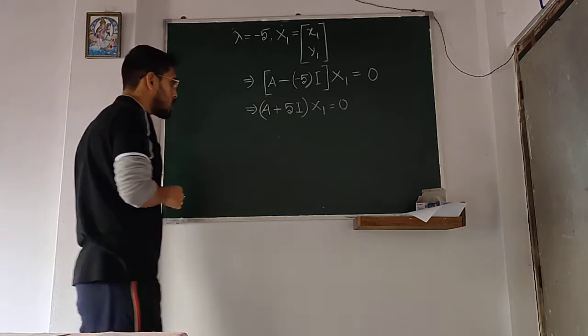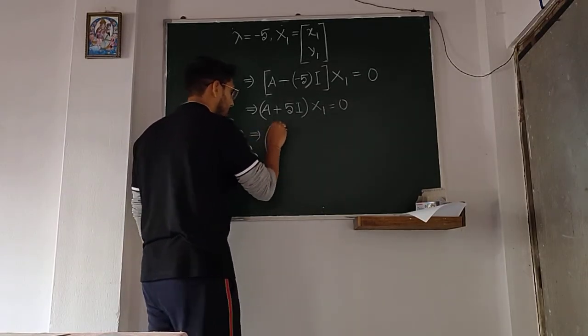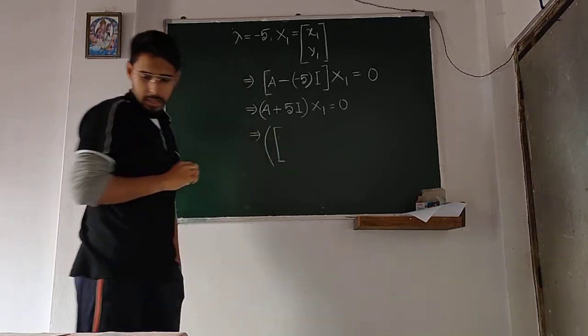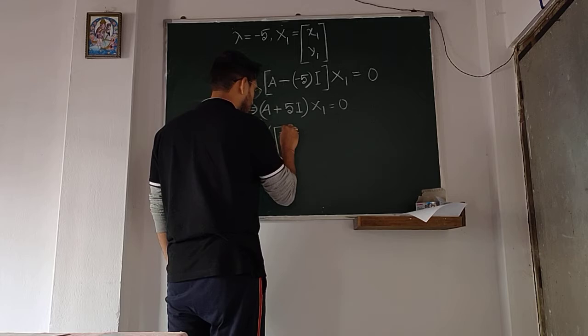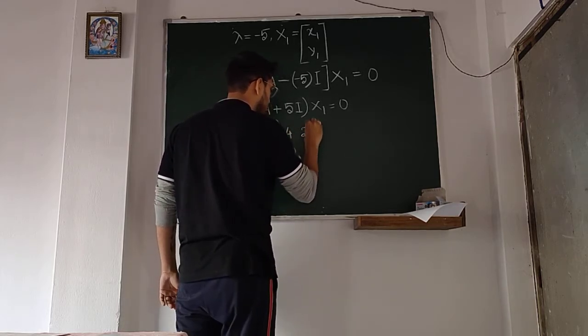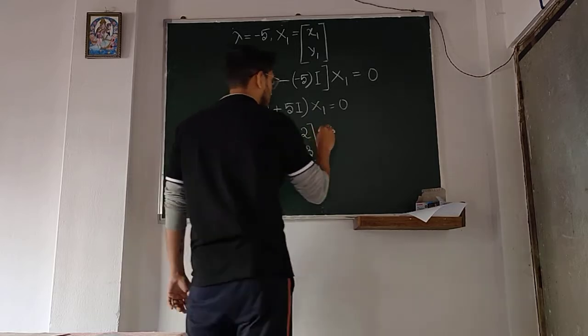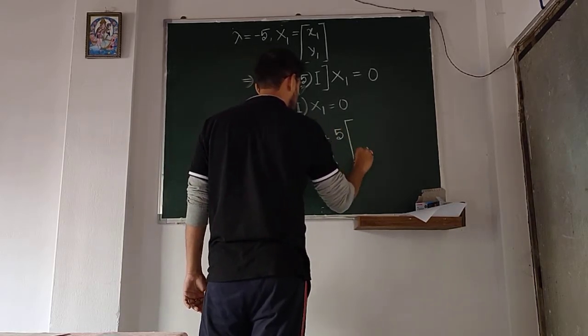Now let us put the values one by one. So first comes the value of A. A is the matrix that is given to us, which is minus 4, 2, 4, 3. Plus 5 will be the lambda here.